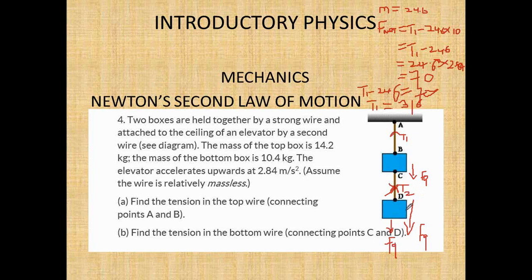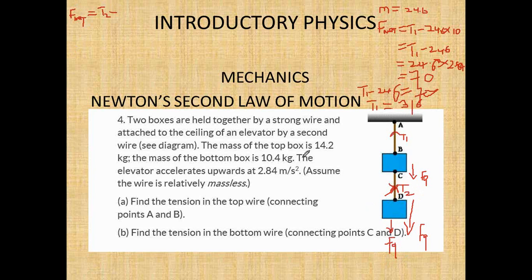The net force acting on this box is equal to T2, because the system is moving upwards, so T2 has to be greater than the force due to gravity.